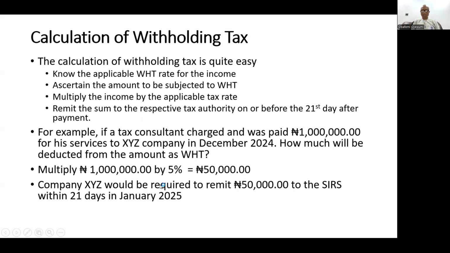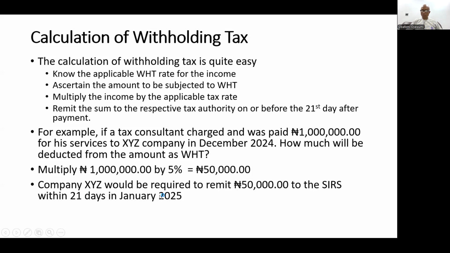So company XYZ will be required to remit 50,000 to SIRS within 30 days, in January 2025. Please pardon me here, it's within 30 days and not 21 days. I'll adjust this. So that's 30 days and not 21 days.